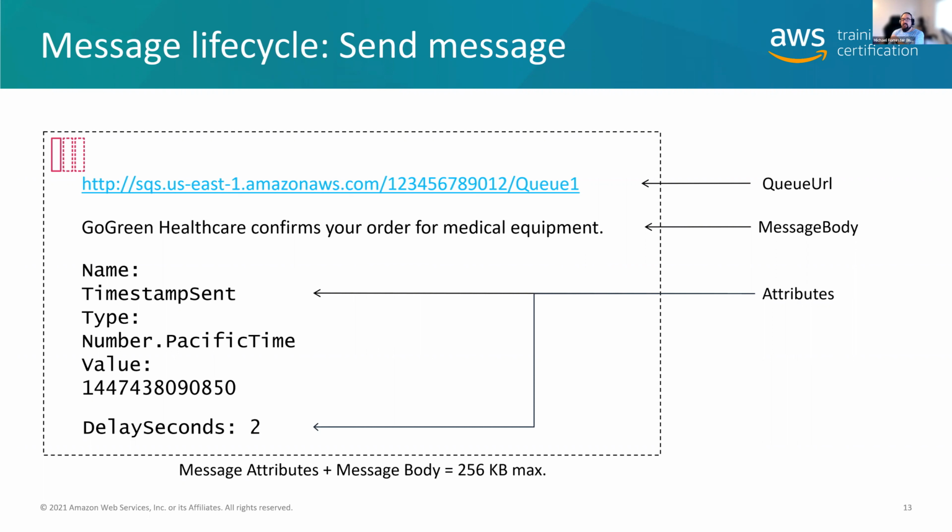Okay, so here, by the way, the send message operation sends the message to a specific queue. Maximum message size is 256K. You can also do a batch request to send up to 10 messages. Instead of using send message, you use send message batch.